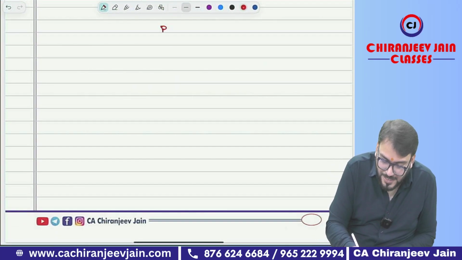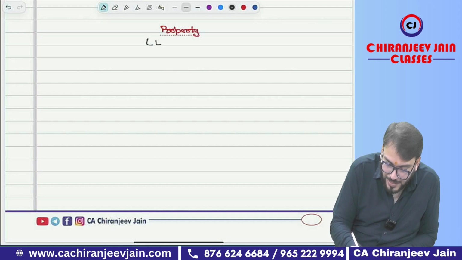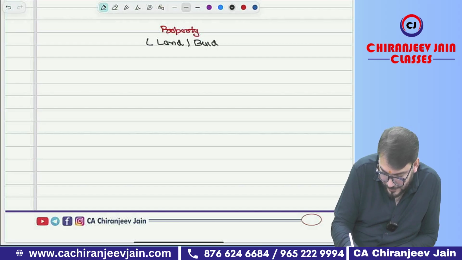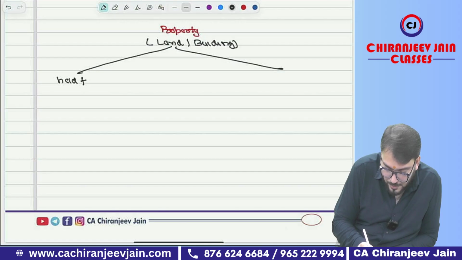Clarification. When I say property, now you have understood, land and building. Whenever we say property, it means land or building. If this land and building are held for sale in OCB.